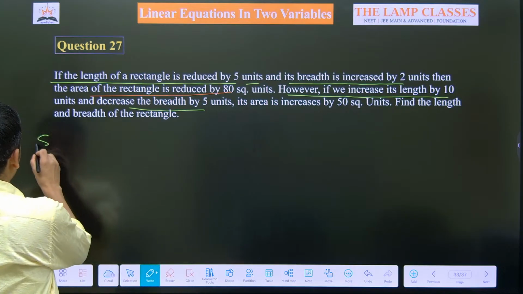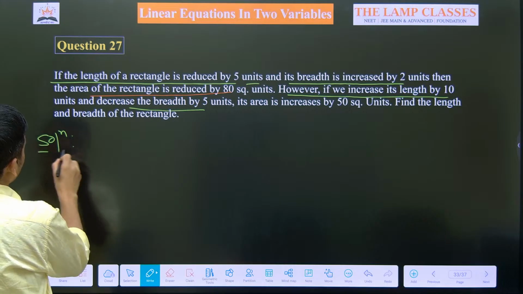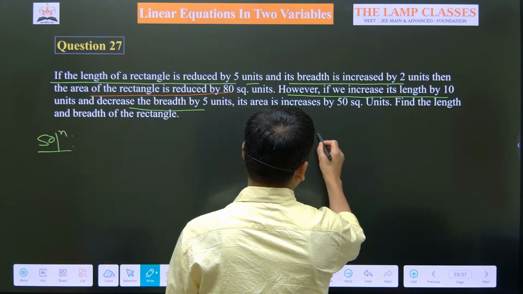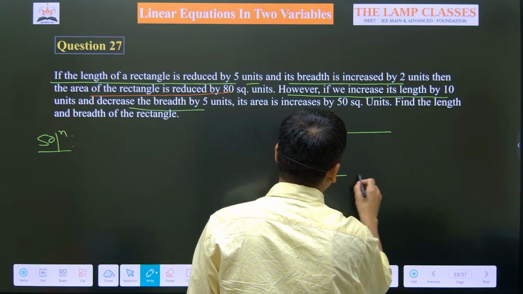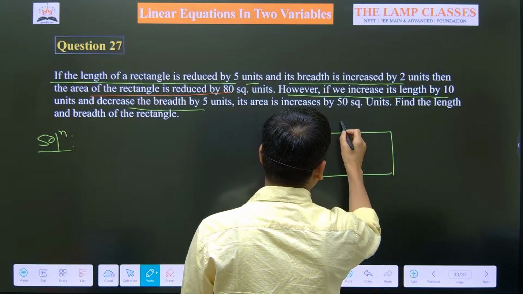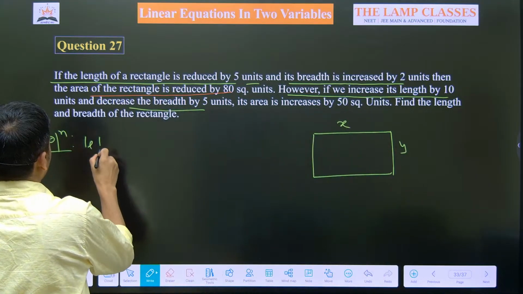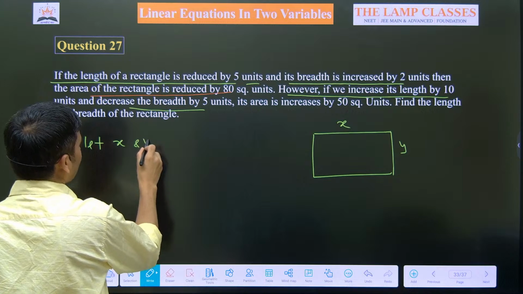So whenever we are solving a question of this type, we can start by naming the rectangle's length and breadth to be x and y. Let's see, this is the rectangle. If you can make the diagram, it's fine. It makes it easy to understand. We can name them x and y, or L and B also is fine.